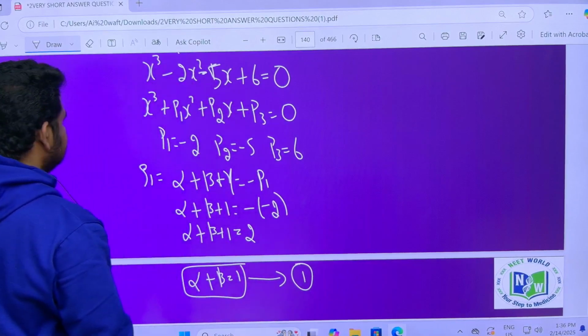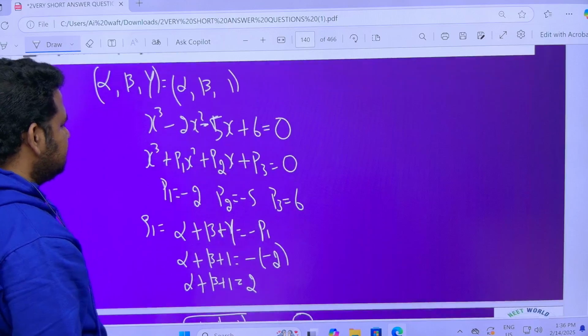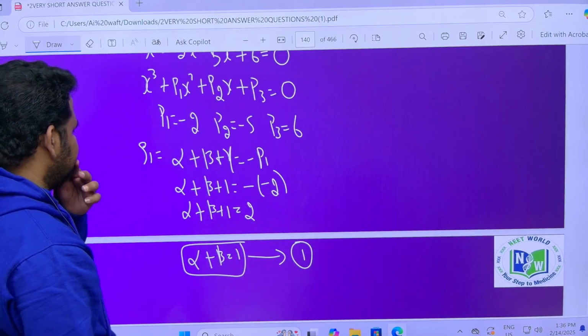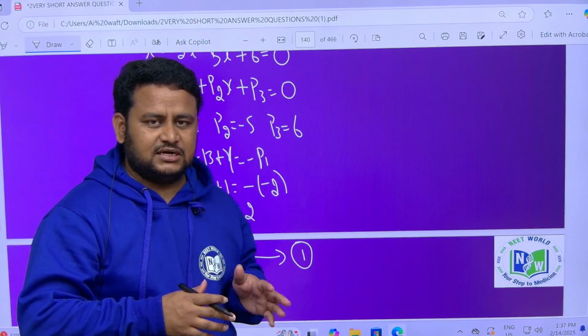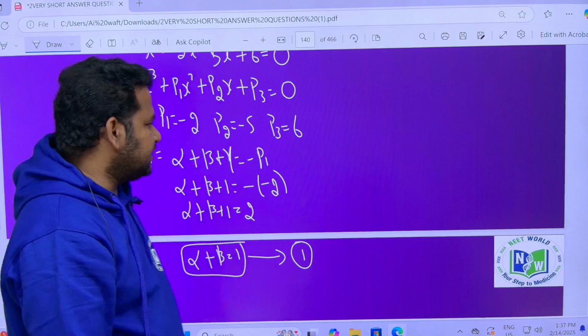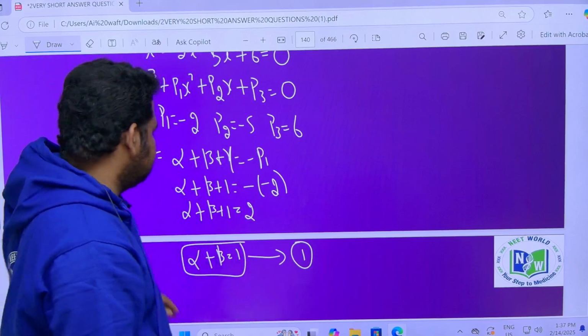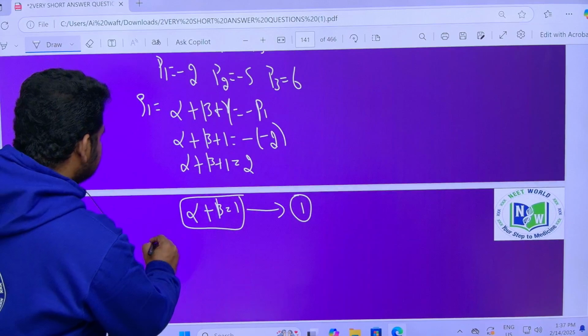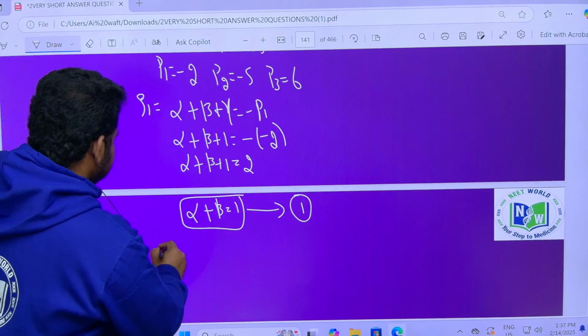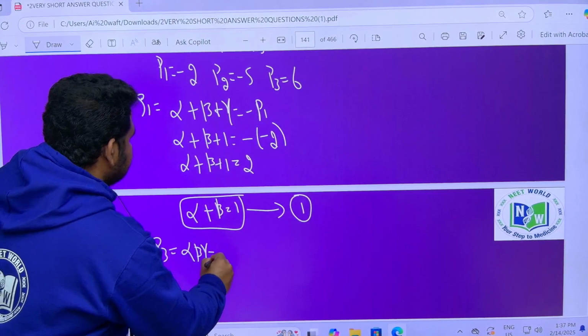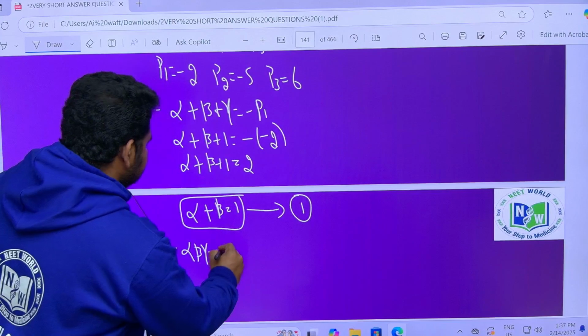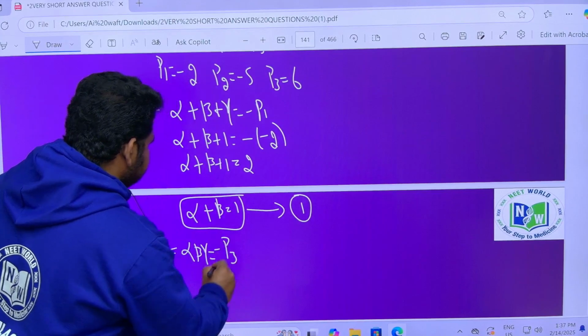Now let us consider the product of the roots. That will be easy for us to find because gamma is equal to 1. So let us take the product of the roots, that is s3. The product of the roots, alpha beta gamma, will be equal to minus p3.